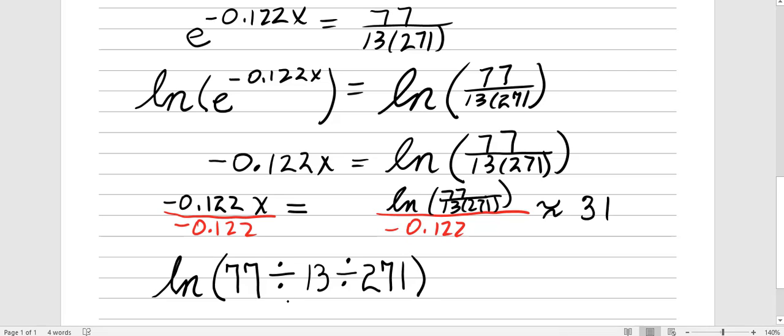So I have to parenthesize the input to this logarithm. Actually, I think you only need to do that, because that'll be some number, and then you're dividing it by negative 0.122. So that is the correct way to enter that into a calculator.